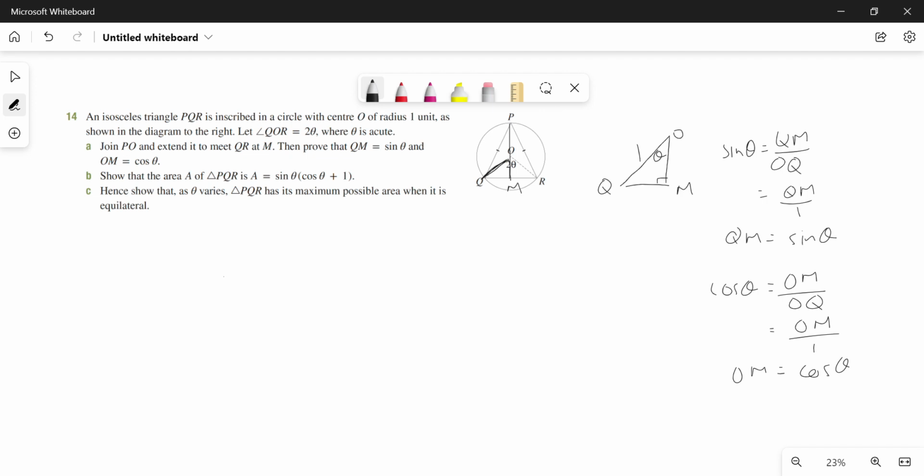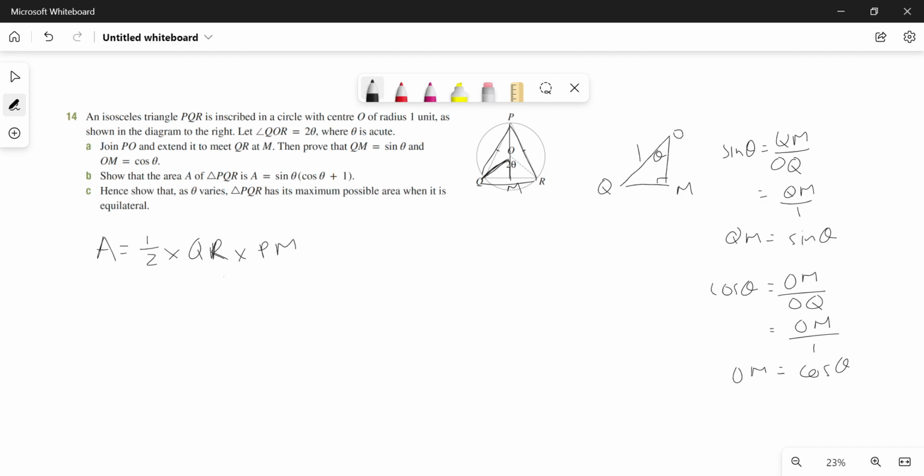Alright, so once we know that, let's have a look now at finding the area of PQR, so this whole triangle there. We've got half the base being QR, times the perpendicular height, which is that PM.